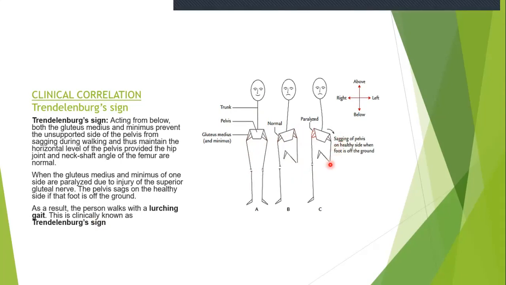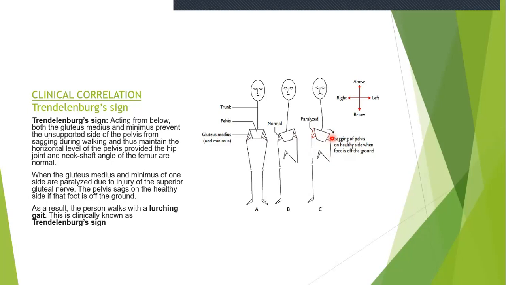When you lift this side, the unsupported side, since these are paralyzed, they cannot contract to prevent sagging of the pelvis on this side. So there will be sagging of the pelvis on the healthy side. So the side which sags is the healthy side. Okay. So if this guy has the right hip abductors paralyzed, the left side will sag.